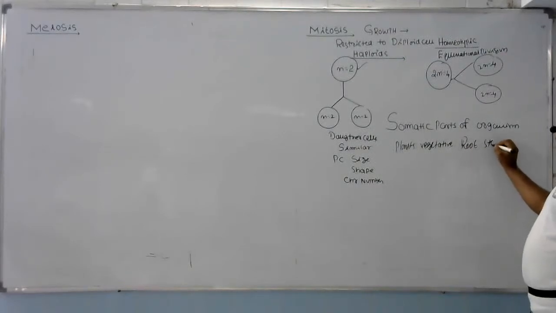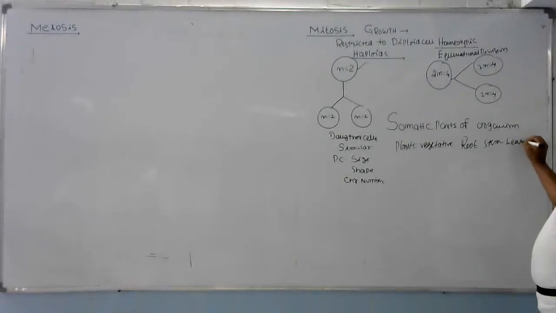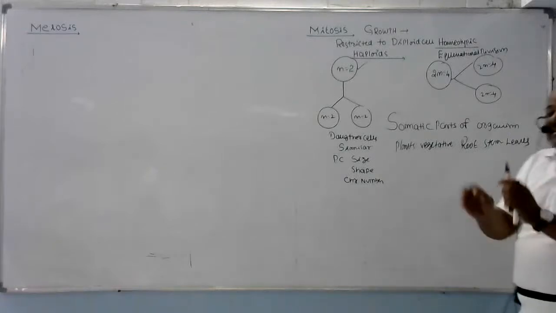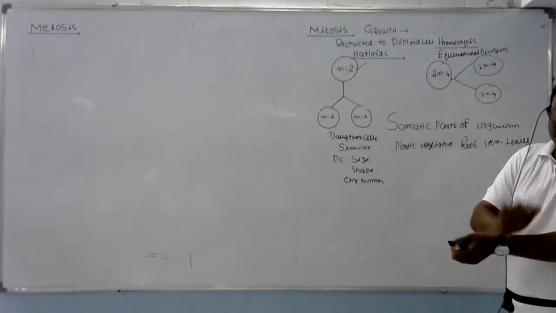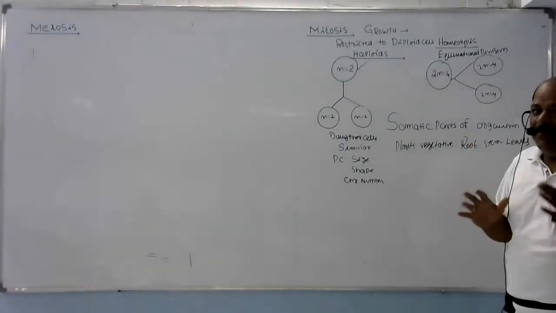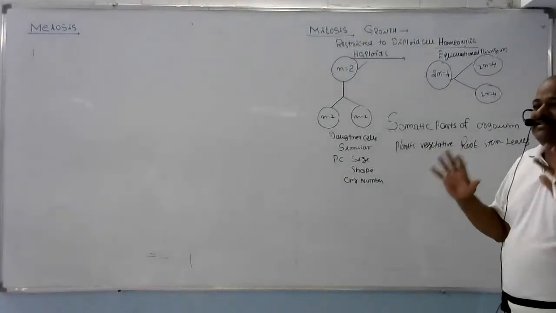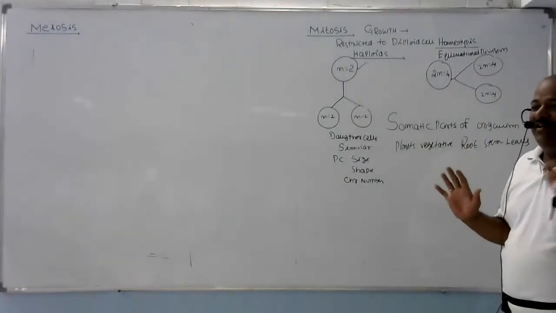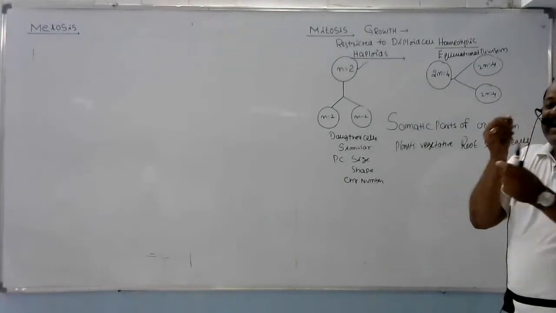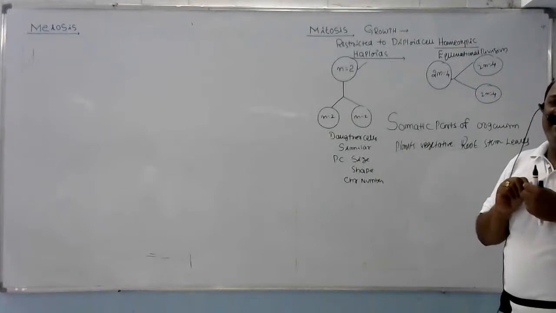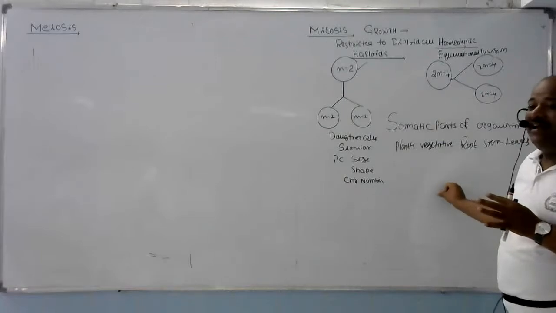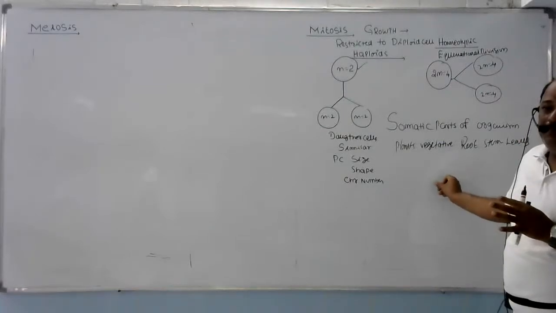Root, stem, as well as leaves. Except the germinal cells, the sexual cells, any organism's entire body is somatic in nature. For example, the skin and cheeks region are somatic parts. Except for the sexual organs, during the formation of gametes, everywhere we will have the mitosis process.